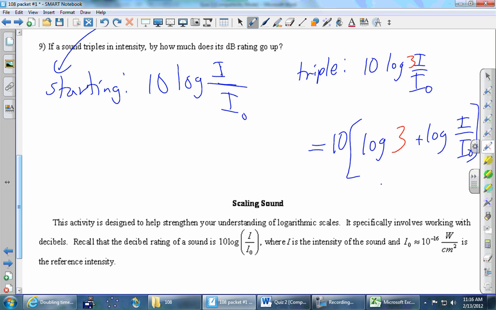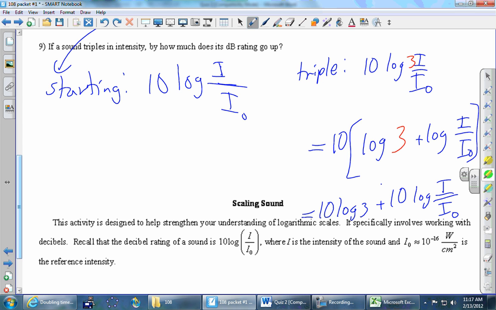Yeah. Okay, and then I think we can just distribute the 10. So we get 10 log of 3 plus 10 log I over I0. And now we should be happy. In addition to being in a pre-calculus class, do we need any more than that to be happy?